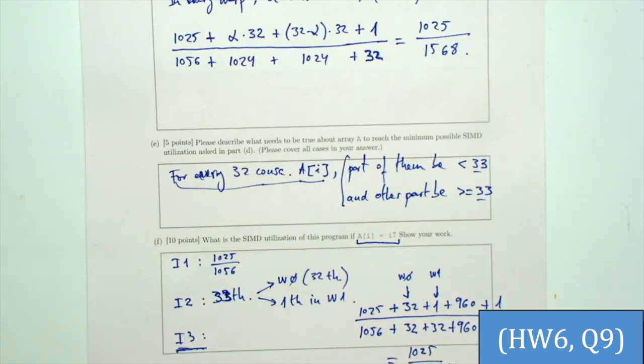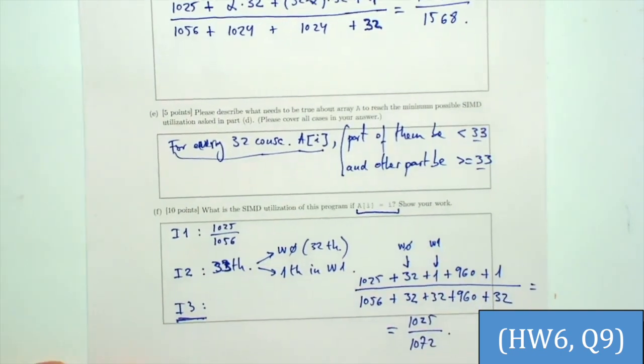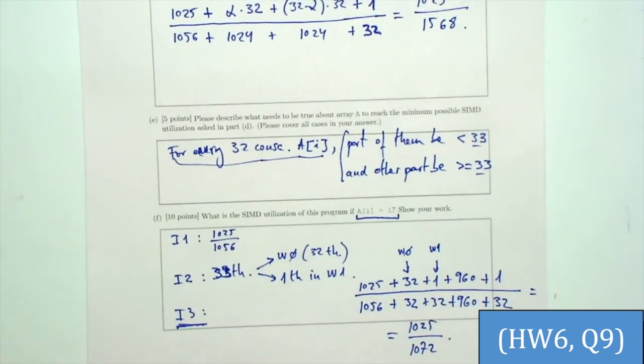Go ahead. So one question about the divergence. What's special about this if branch is that, either if the thread takes the branch or not, it executes the same number of instructions, because the length of the if and else branch is the same. Yes. And in your lecture, you discussed that there's dynamic warp formation.